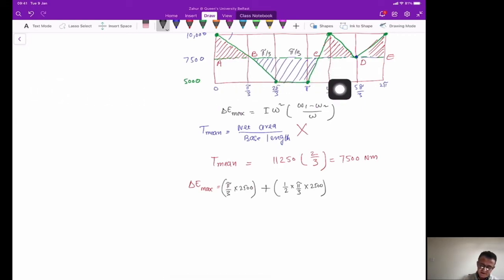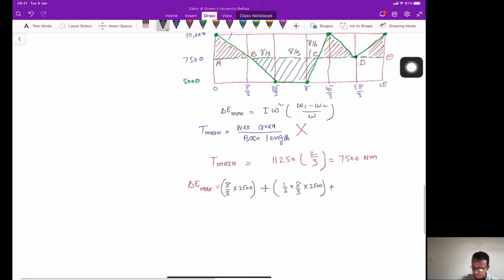Now for this triangle, because we know that this is the midpoint here, this distance is obviously equal to pi by 6. So now the height is 2500, the base is pi by 6, so the area will become half into pi by 6 into 2500.